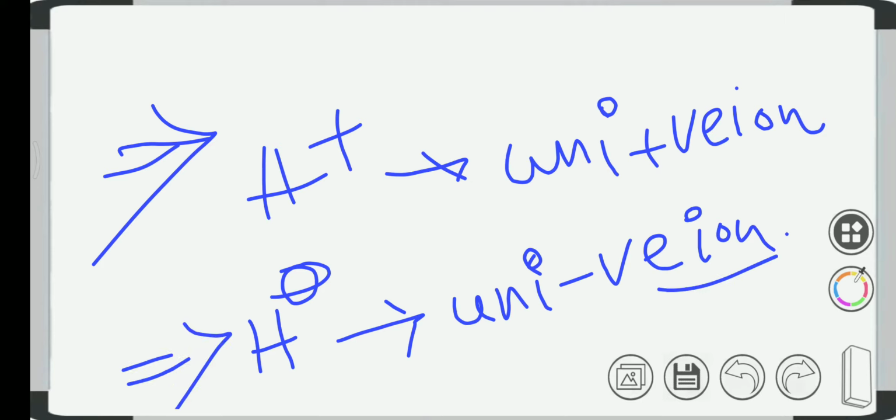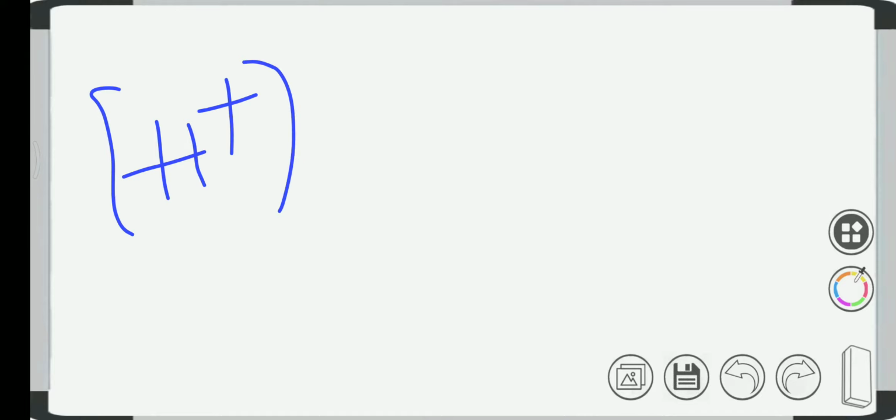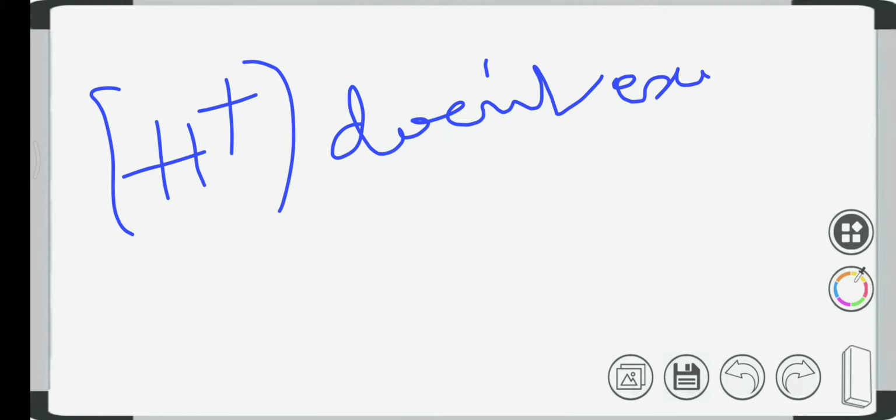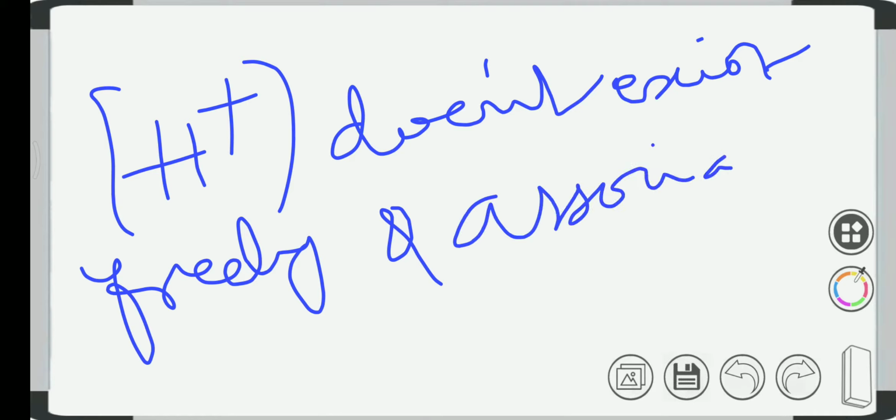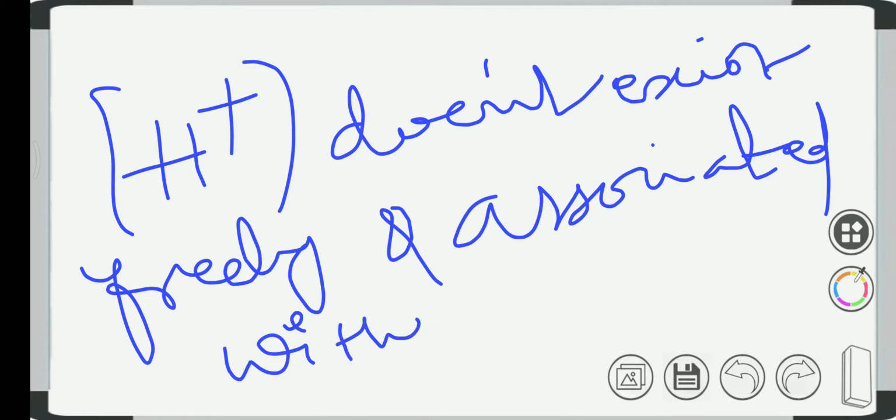Next, H plus, the hydrogen positive proton, does not exist freely. It is always associated with other atoms or molecules.